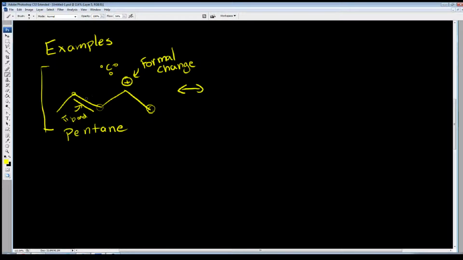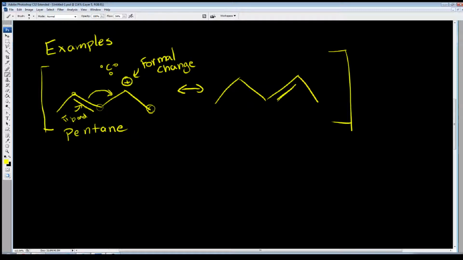So what you can do, since it's not technically a sigma bond, is break that bond and move it over here. So when you do that, you're gonna have that pi bond go to the other side. But what you need to remember is that you need to keep your formal charge.